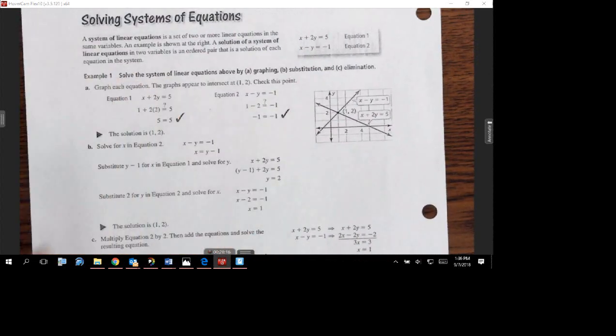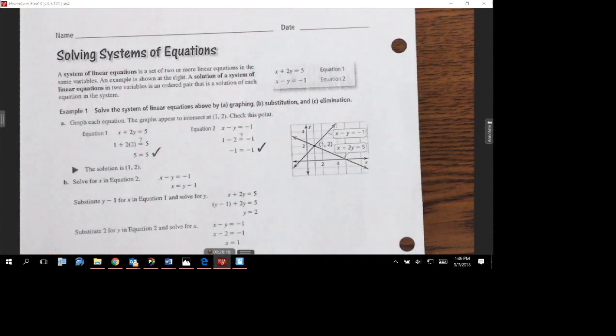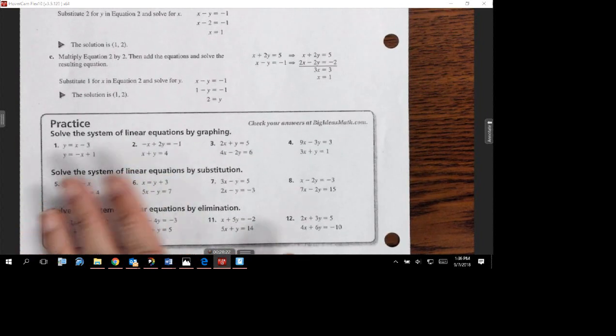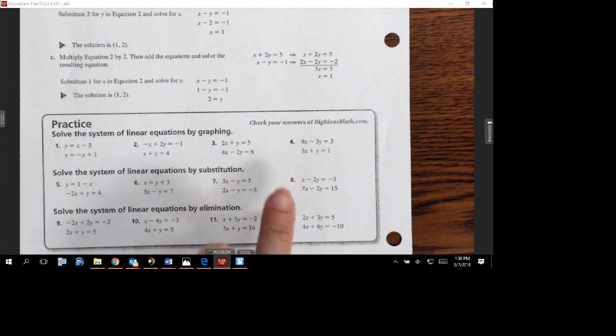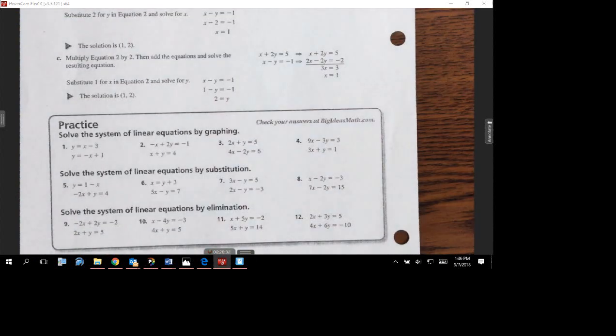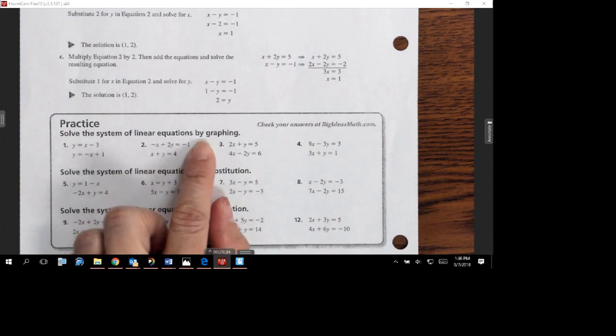The back of this page is where the homework is. It's on a worksheet. However, you will not have space to graph on this worksheet. So I gave you a piece of graph paper. You got that graph paper? Your first 4 questions say, solve the system by graphing.